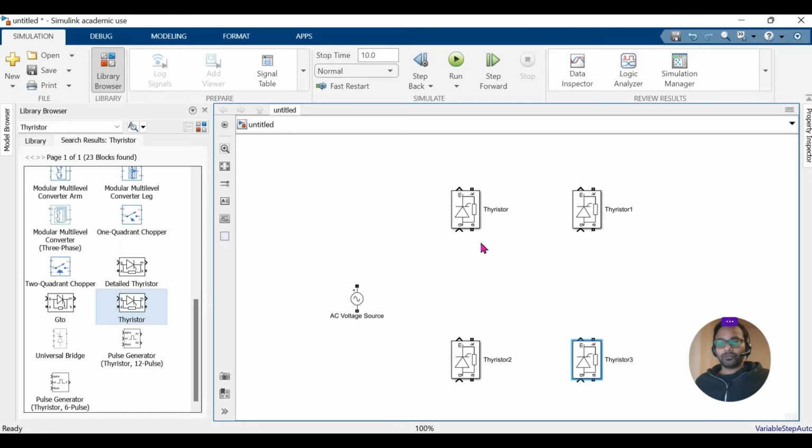The anode of one thyristor, I'm going to connect it to the cathode of the bottom one. And the same goes for the second pair of thyristors. And the cathodes, I'm going to connect them something like that, and the anode to the anode.